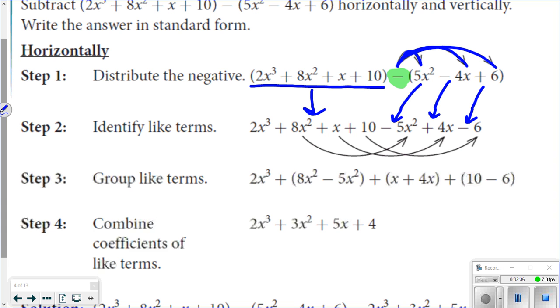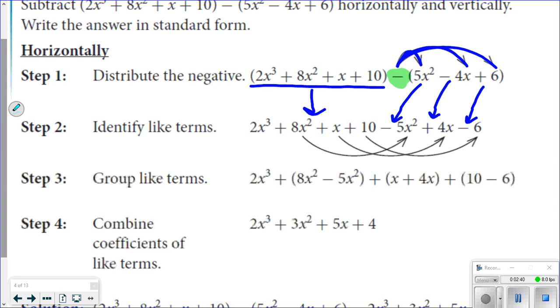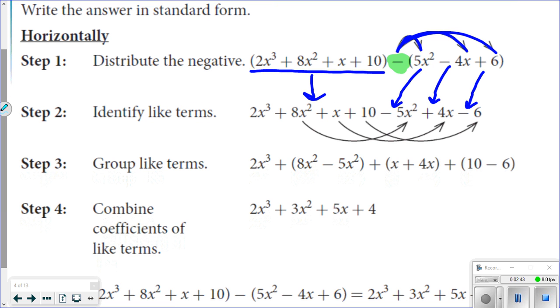Okay? Then, just like when we were learning how to add, we're going to identify our like terms and combine them. So I see a 2x cubed, and I don't have any other cube, so I'm just going to bring that down by itself.